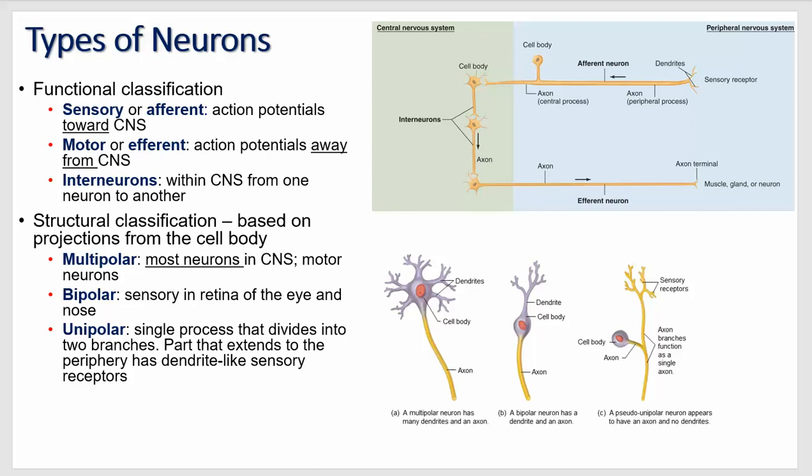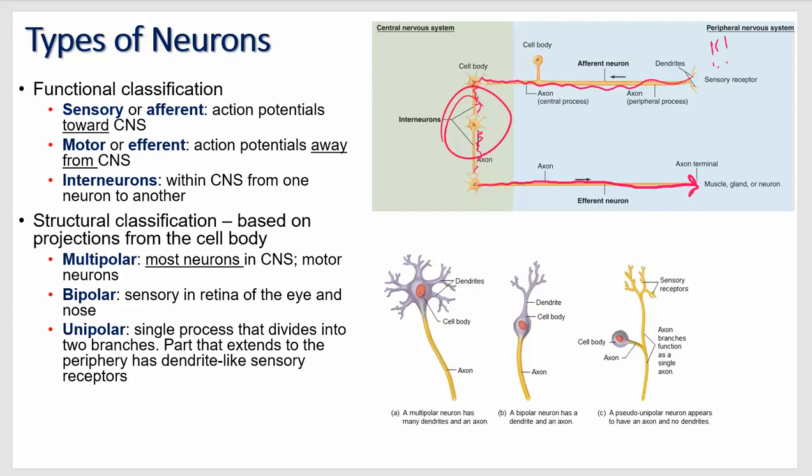And then interneurons are in between. They're exactly what it sounds like. So if you have a sensory receptor, you touched something, maybe felt pain, it moves towards the central nervous system, and then you'll have these short interneurons that relay that message, and then you may have an efferent signal back to the muscle to tell the muscle what to do.